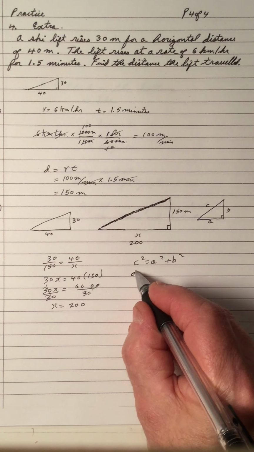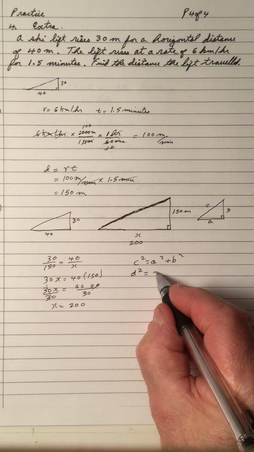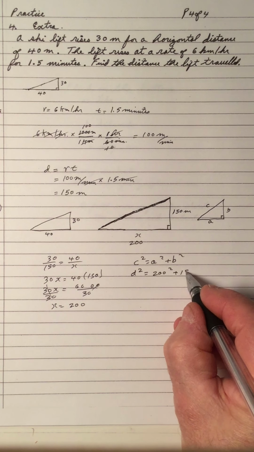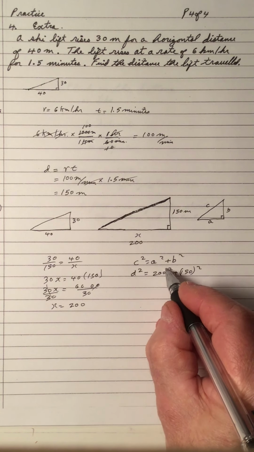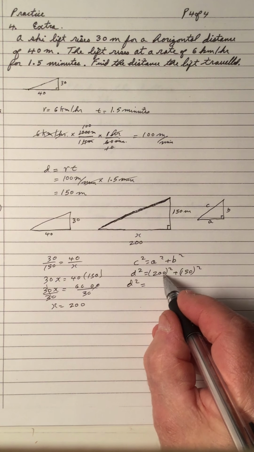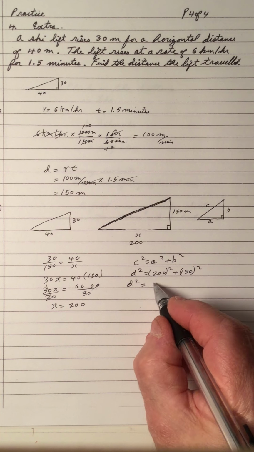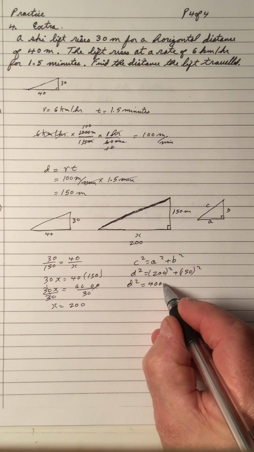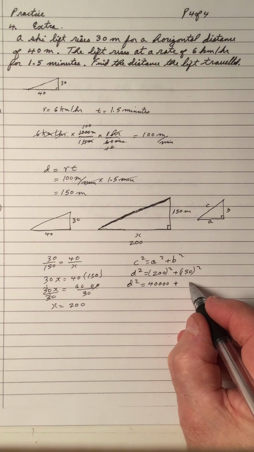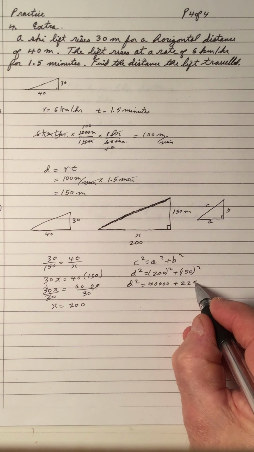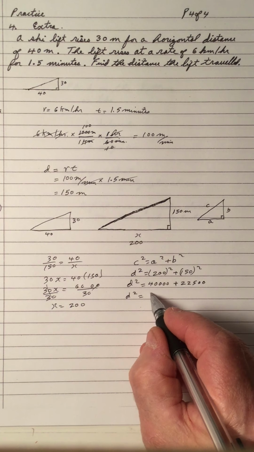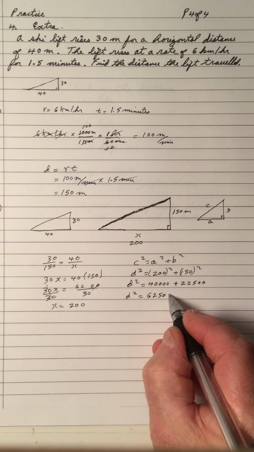So we have the distance squared is 200 squared plus 150 squared. Let's put brackets around those. And 200 squared is 40,000. Use your calculator. 150 squared is 22,500. And when you add those, you get 62,500.